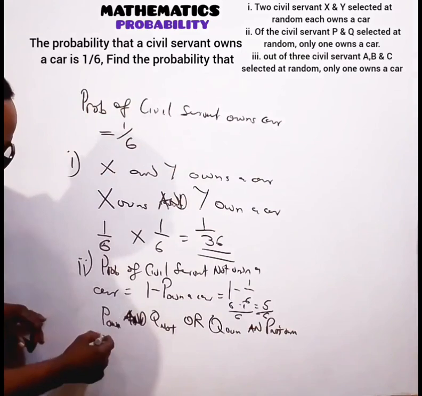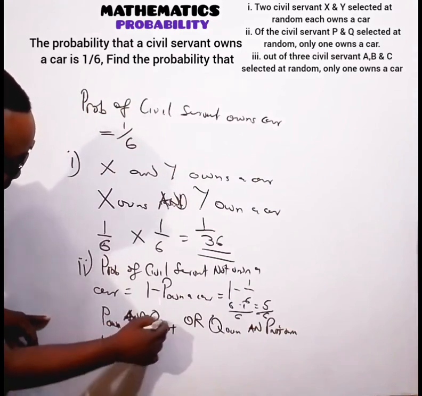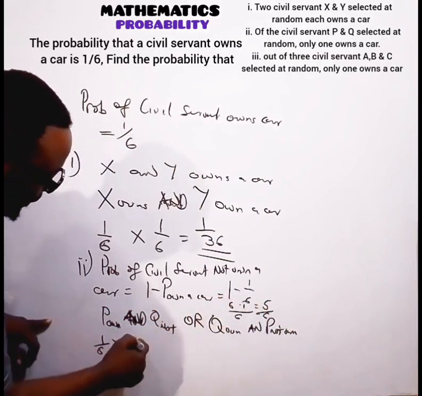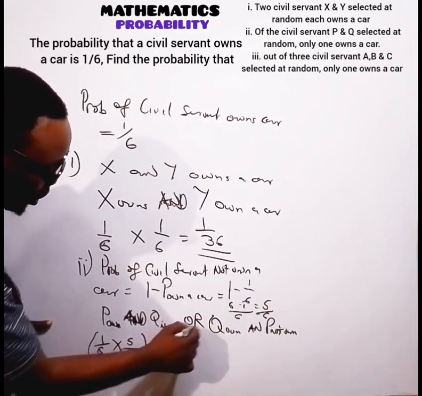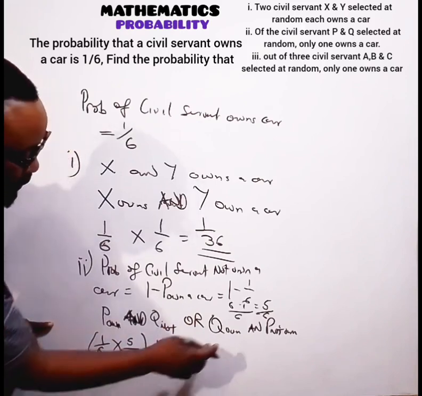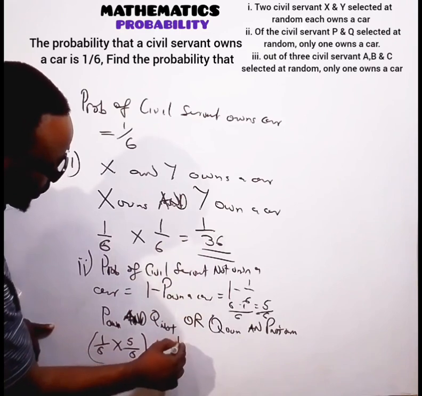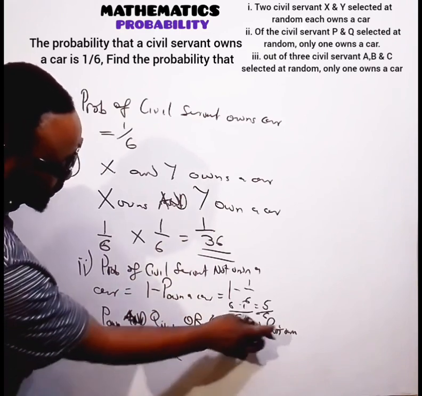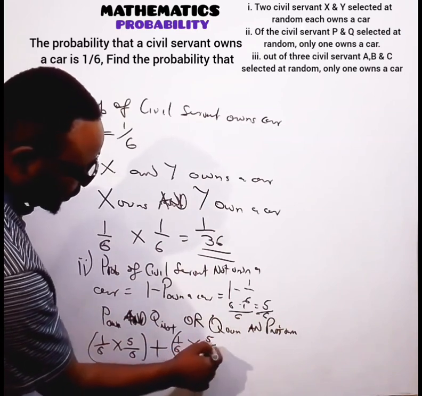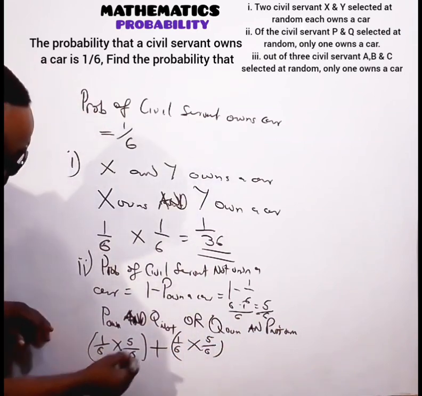So that will be P owns is 1 over 6 multiplied by Q does not own a car, that's 5 over 6, put it in bracket, or plus Q owns a car, that is 1 over 6, then multiplied by P does not own, that's 5 over 6. So that will be 5 over 36.